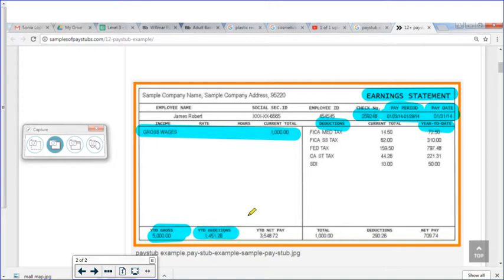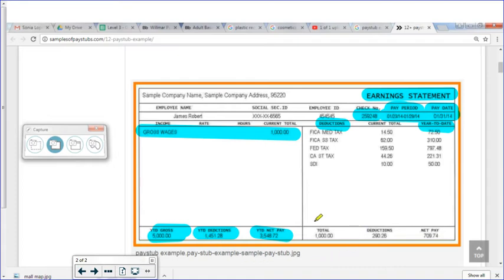How much from the gross pay? $1451.28. So the net pay, $5,000 minus $1451.28 equals the net pay, the take-home pay for the year so far, $3,548.72. That is all year to date.